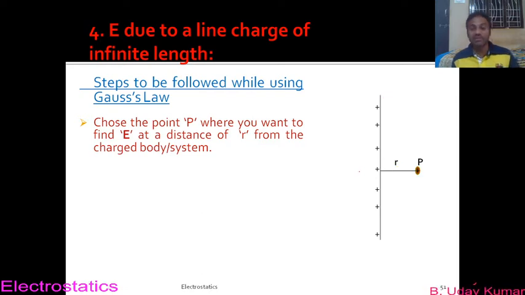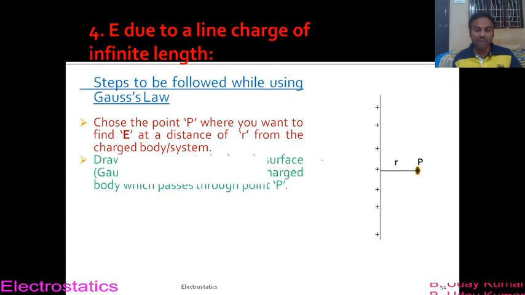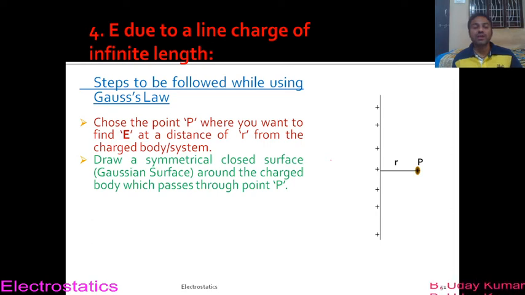I just erase everything. And what is our next step? To find the electric field intensity, we have to construct a Gaussian surface which is symmetrical and which also passes through the point P. This is our second step in determining the electric field intensity while using Gauss law.